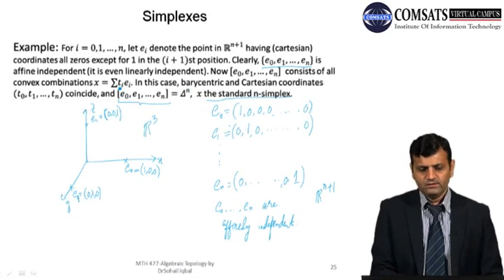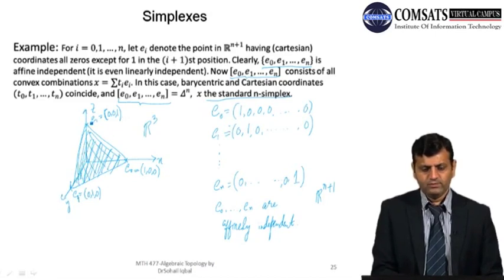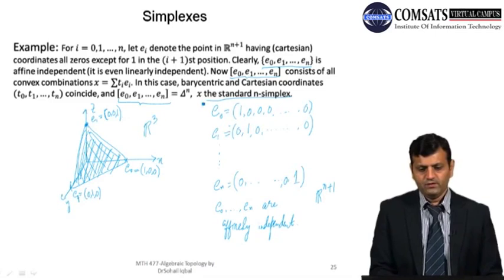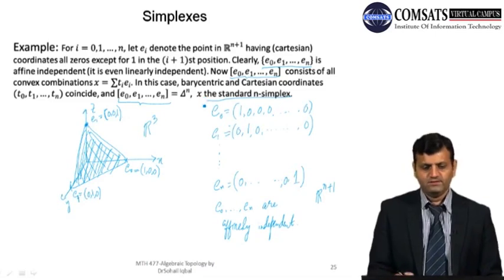Now the simplex generated by these 3 points is going to be a triangle. This triangle is the 2-simplex generated by these 3 points. So we call this the standard n-simplex.